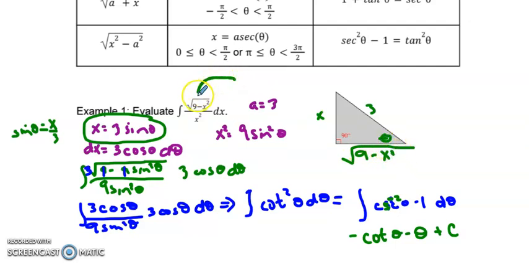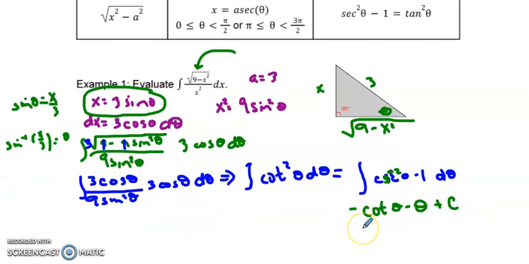That should look familiar. Boom, there it is. So in order to sub now in for the thetas, I could use really anything from this triangle to solve for theta, but I'm going to go with arc sine, because if sine theta is x over 3, then arc sine of x over 3 is my theta value.